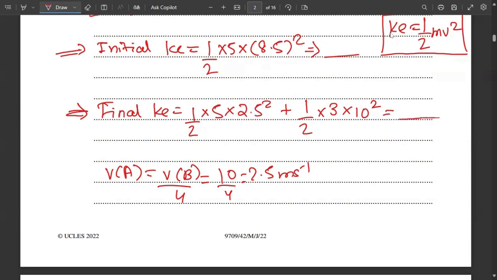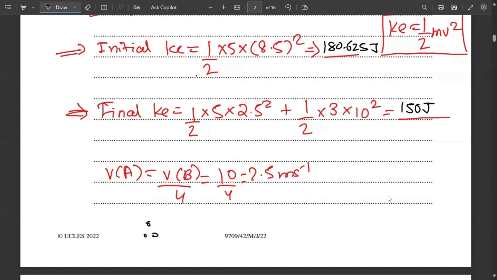Now putting this in the calculator, my initial kinetic energy value will be 5 upon 2 into 8.5 square, which gives me 180.625 joule, and the final will give me 3 into 50, which is 150 joule.